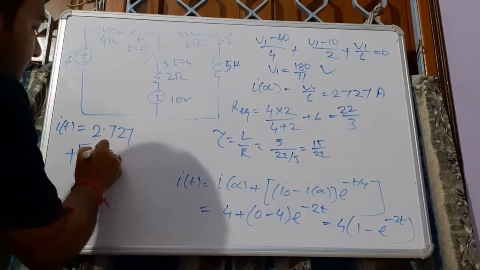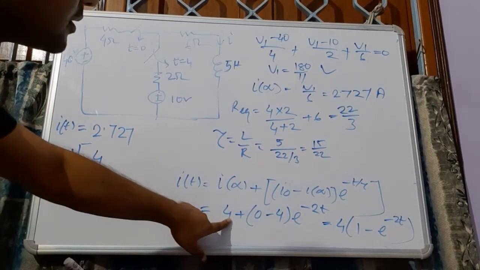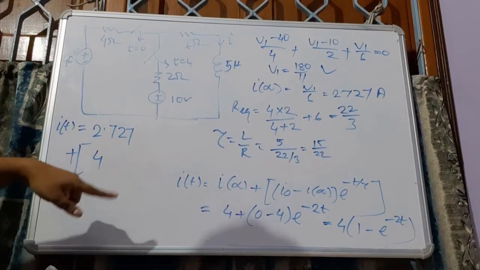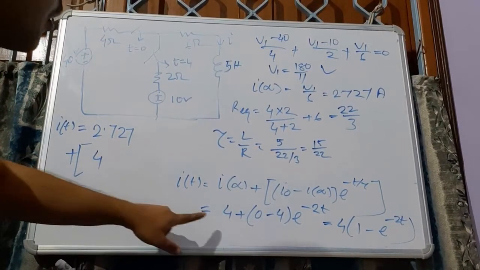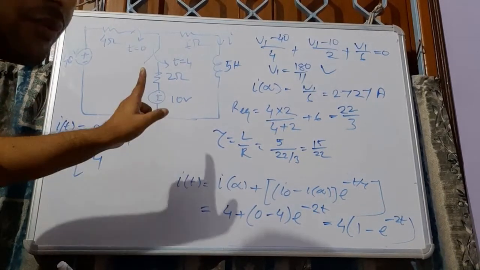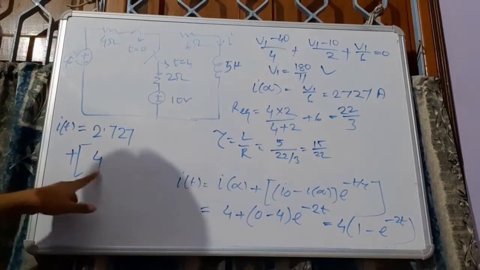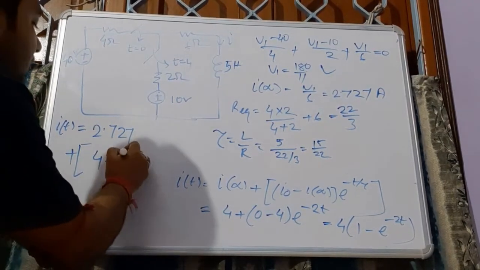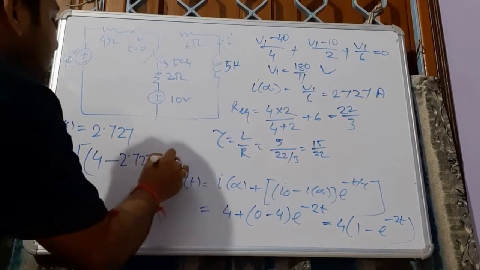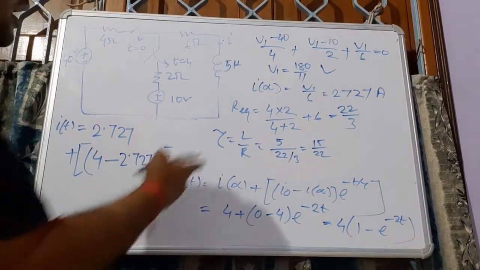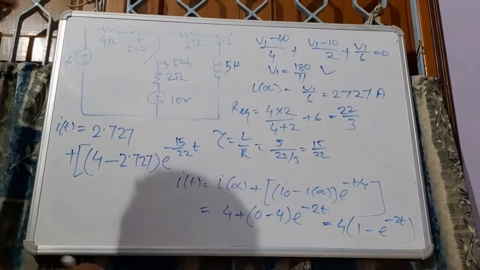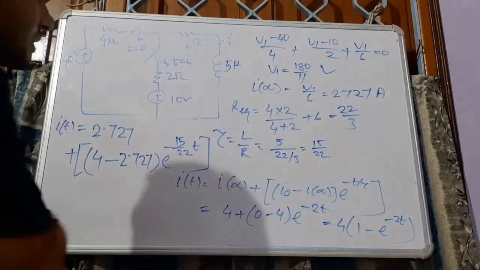Previous instant we have I infinite 4, and previous instant means 0 to 4 second. So this will be 4 minus 2.727 e to the power minus tau, that is 15 by 22 into t. So this is the final expression.